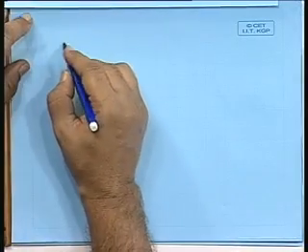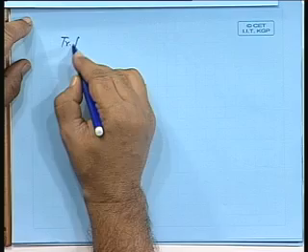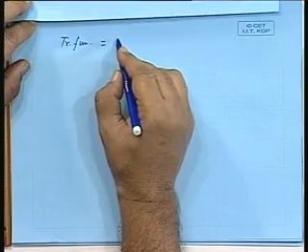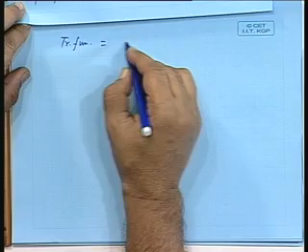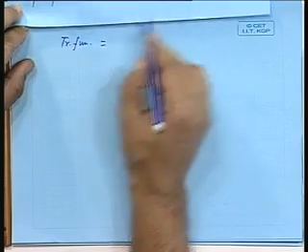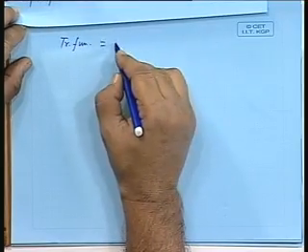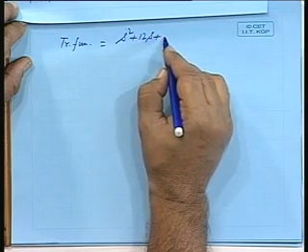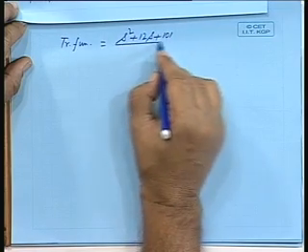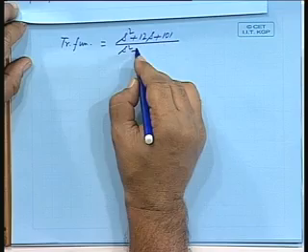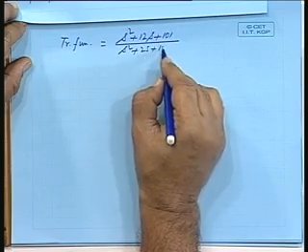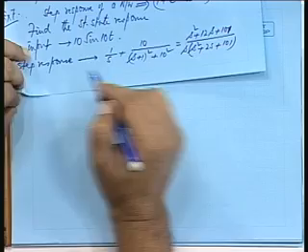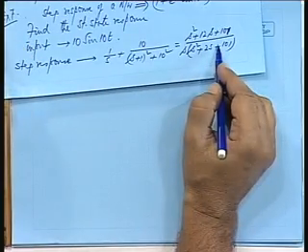So, the transfer function can be written as output by input. Input is 1 by s. So, if I divide this by 1 by s, that comes out to be (s squared plus 12s plus 101) divided by (s squared plus 2s plus 101). Okay. This is a step response.